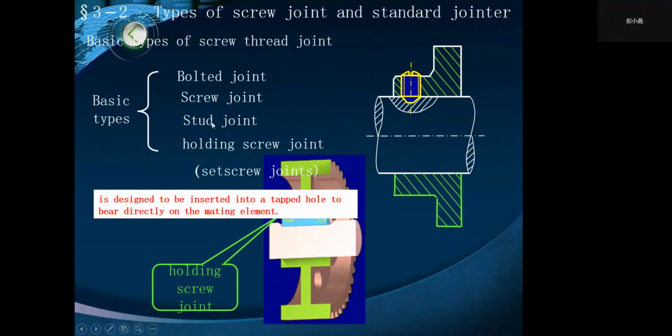The stud joint can be disassembled frequently.